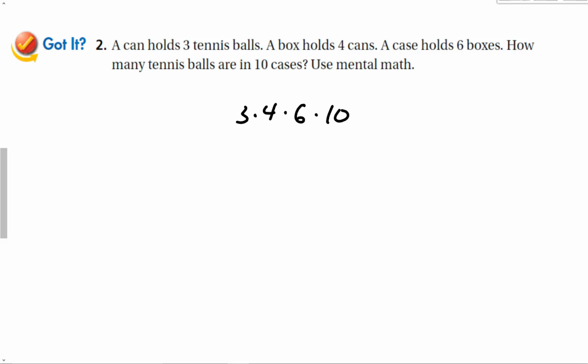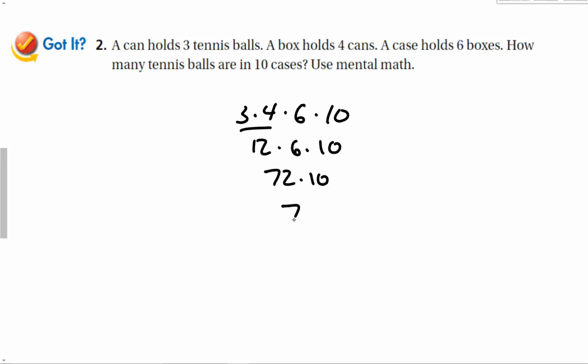So if we wanted to, we could multiply these things together any way we want, and there's no real super easier one that sticks out here, but we can just go 3 times 4 gives me the 12 times 6 times 10. 12 times 6 is 72 times 10.